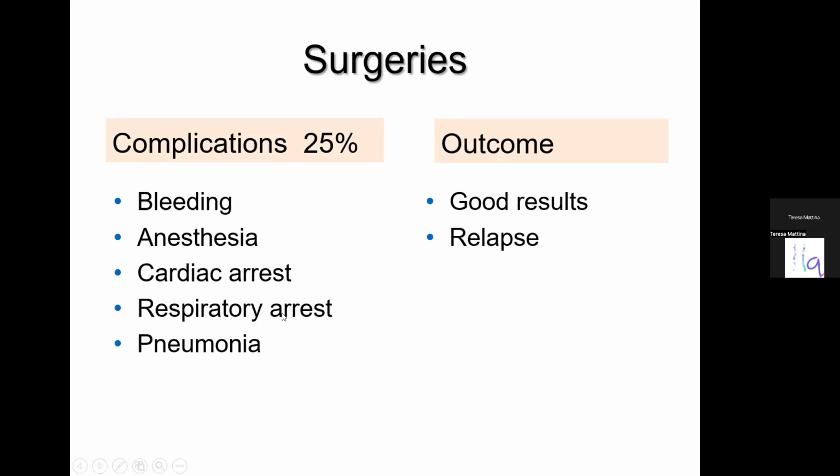There have been few cases of cardiac or respiratory arrest and pneumonia. Usually there are good results, not always. The more severe the abnormality to be corrected, the less the chance of a good result. With eye surgery, there are often relapses of strabismus and ptosis.